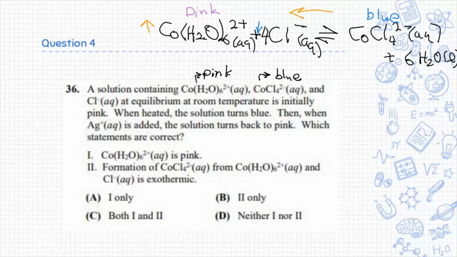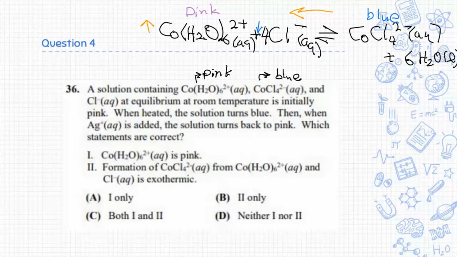What it's saying is when you increase the concentration of the cobalt and water compound, the solution becomes more pink. So the cobalt water compound is pink. And then from that you can guess that the cobalt chloride compound is blue because that's the other color. The first clue says when the solution is heated, it turns blue. So that means when the solution is heated, it shifts right.